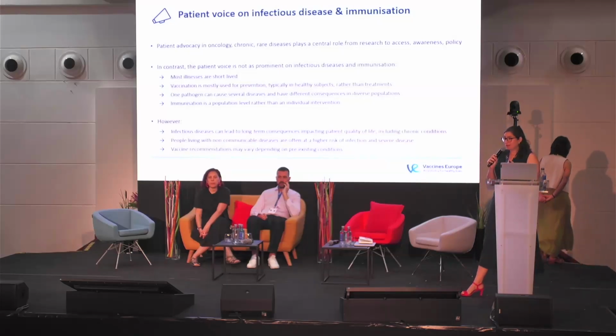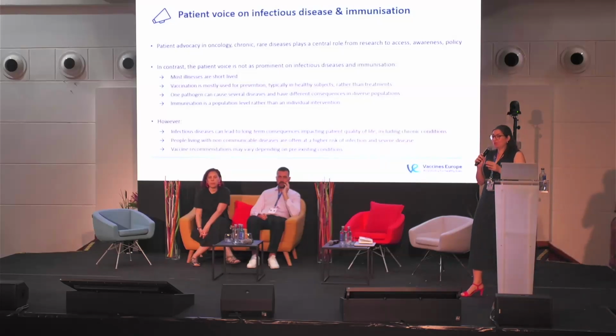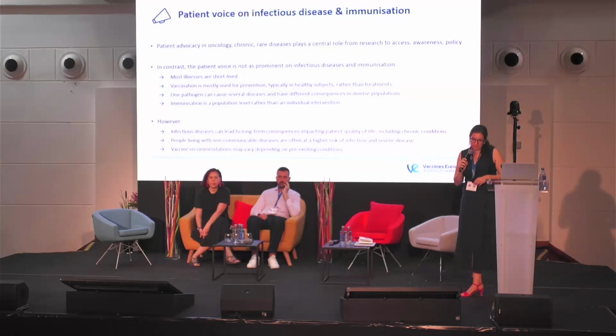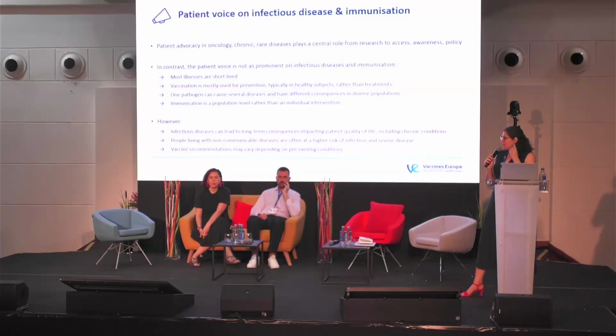One pathogen can cause several diseases in different populations. And so that also complicates this advocacy. And then immunization is a population level intervention rather than individual. But we know that those infectious diseases can lead to long-term consequences.